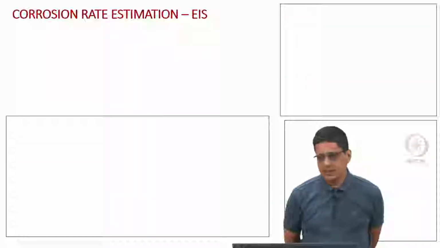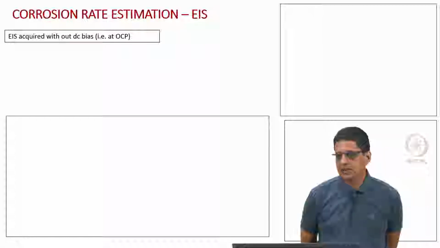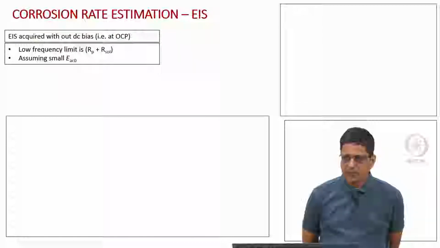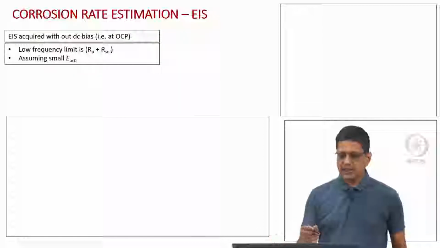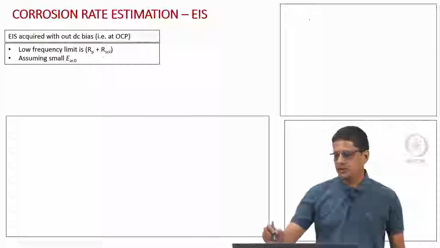If you use EIS, you can acquire EIS without any DC bias, and the low frequency limit will give you the polarization resistance if the solution resistance is negligible. In case solution resistance is significant, the low frequency limit is given by Rp plus R solution.